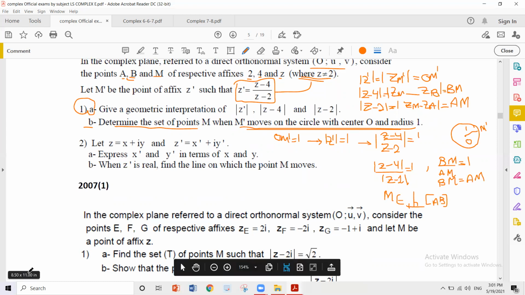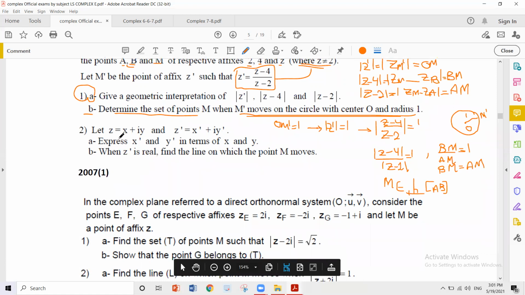Part 2. Let z equal x plus iy and z prime equal x prime plus iy prime. Express x prime and y prime in terms of x and y.